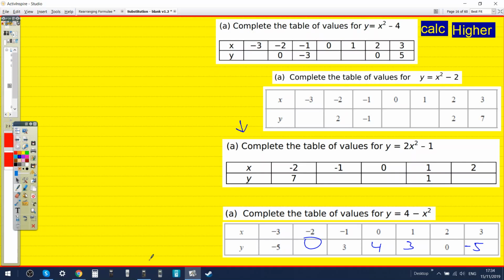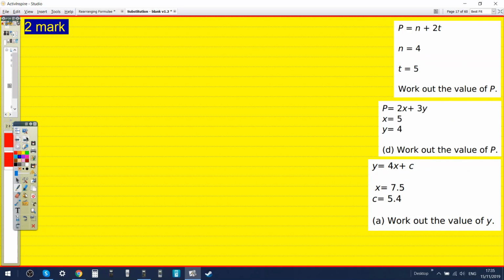Minus 2, 7, minus 1, 1, 0, minus 1, and 2, 7. And for 1, is it also 1? Yes. Yeah, so these ones that they gave us, we can use those as checks, and those ones were the same, so it's good. So that can be an easy way to do those.